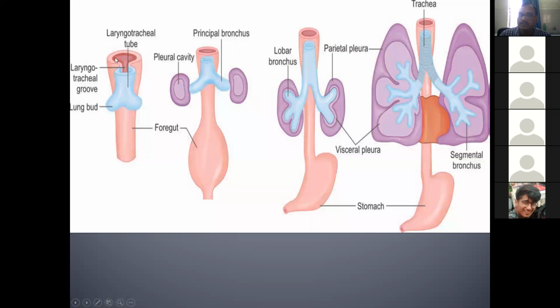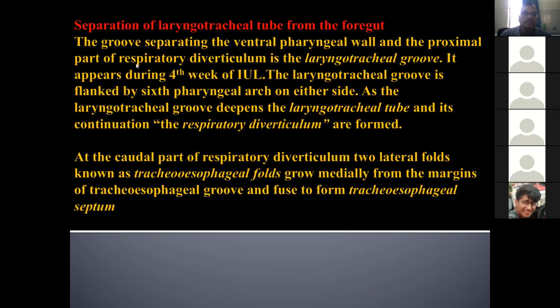So this laryngotracheal groove is also being formed in the foregut, and as this groove gets deepened or gets more and more developed, it starts separating the laryngotracheal tube from the foregut. So the groove separating the ventral pharyngeal wall and the proximal part of respiratory diverticulum is the laryngotracheal groove.